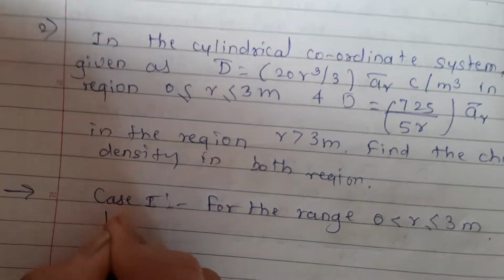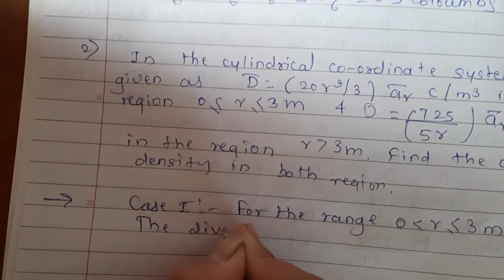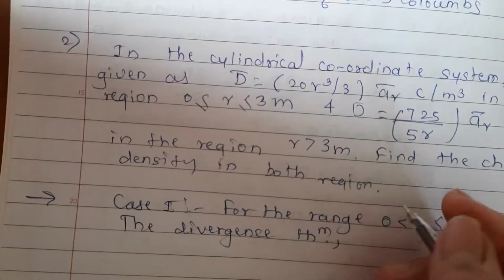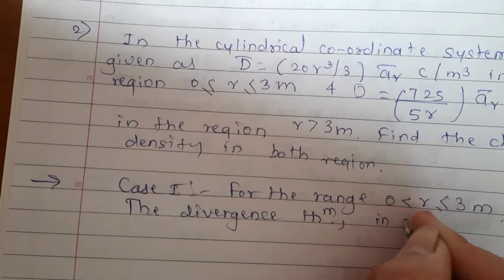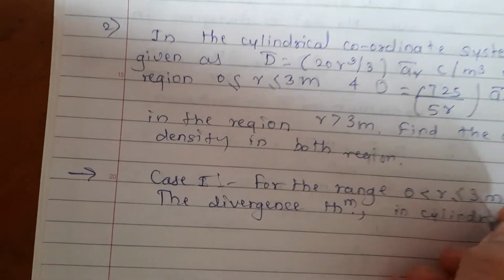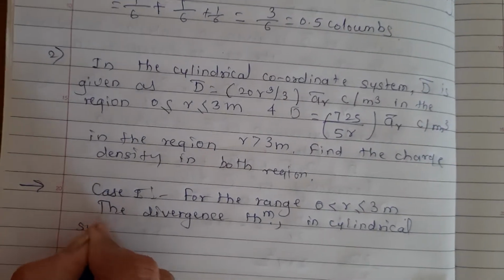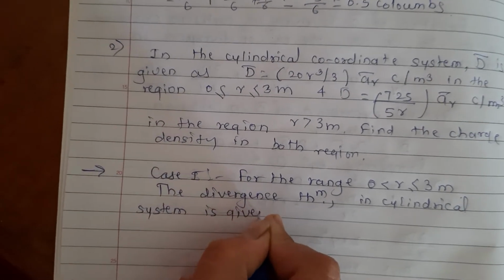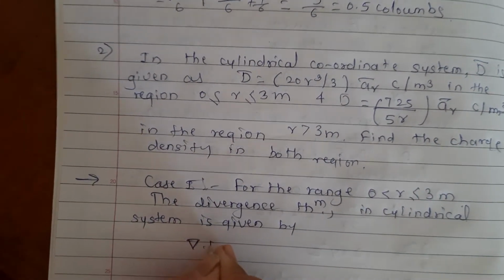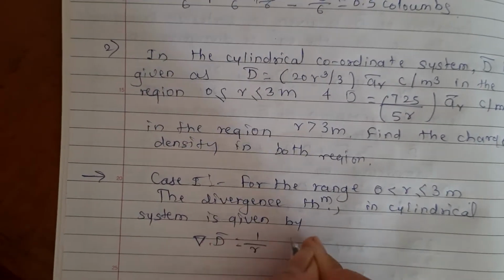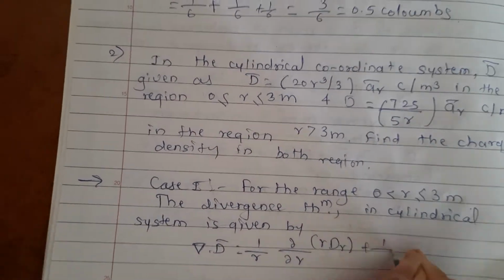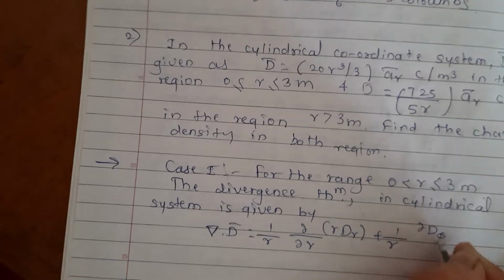So the divergence theorem in cylindrical system is given by del dot D bar is equal to 1 by r del by del r of r Dr plus 1 by r del D phi by del phi plus del Dz by del z.